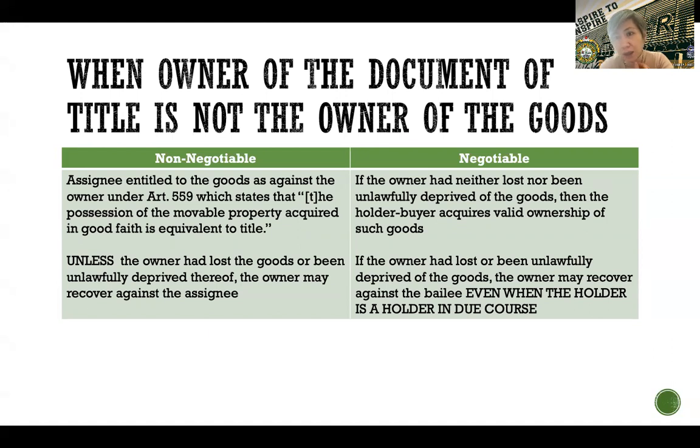Provided that he can only recover from the bailee, but if the holder or transferee has already taken the goods, then he can no longer recover, unless the real owner was unlawfully deprived or he lost the goods.